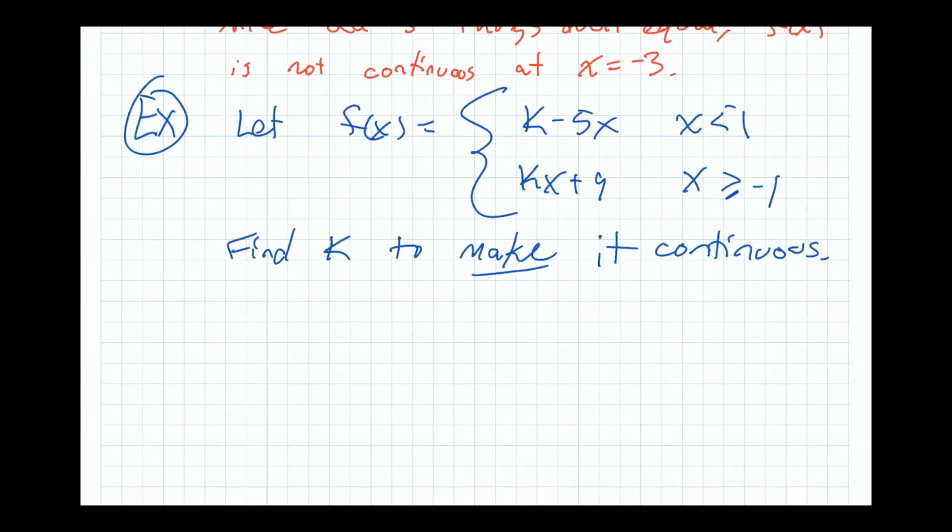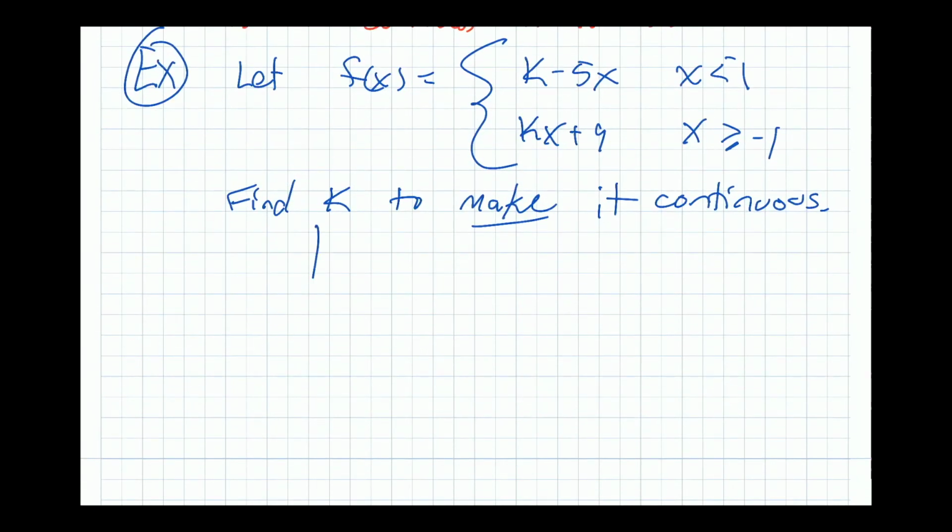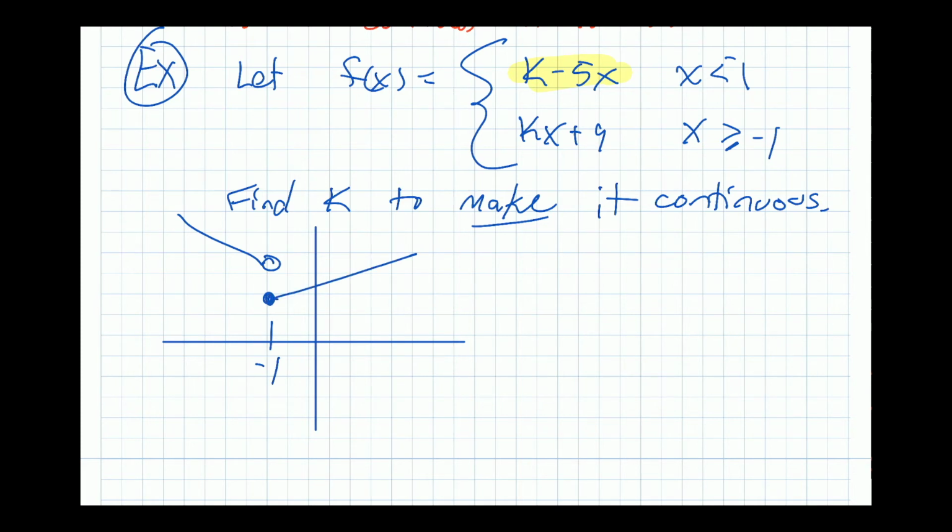So the idea is, if you have a graph like this, where you have negative 1 on here, then you have 2 different functions. They're straight lines. So basically this one is on the left side of negative 1, so it's like this. And the other one is on the right side, and so it's like this, right?